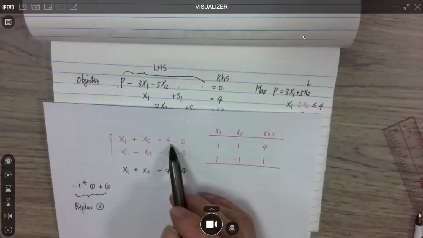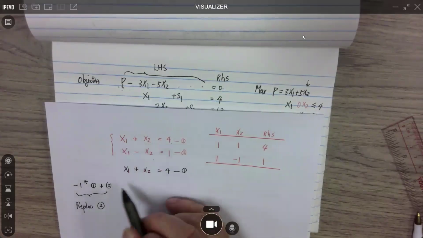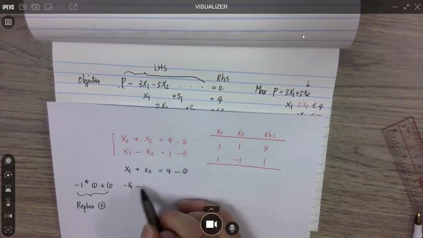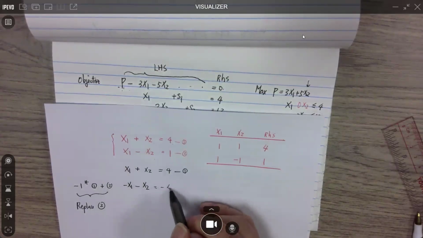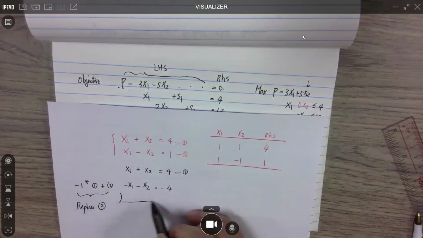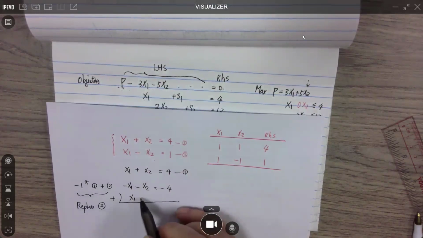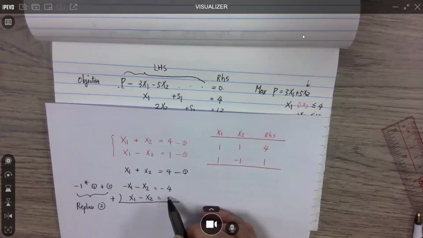Look at here. This times minus 1 is minus x1, times minus 1 is minus x2, times minus 1 is minus 4. And then I add x1 minus x2 equal to 1.